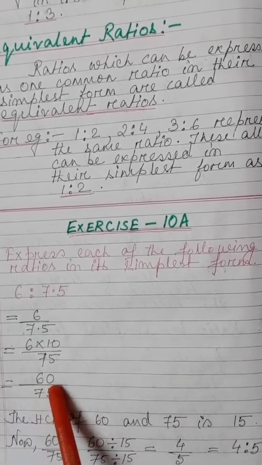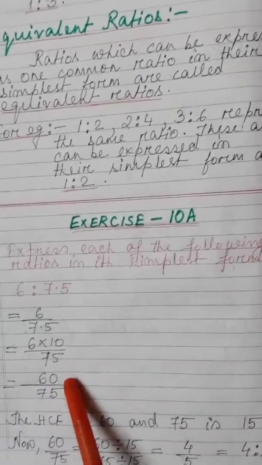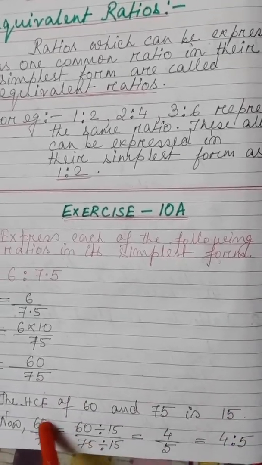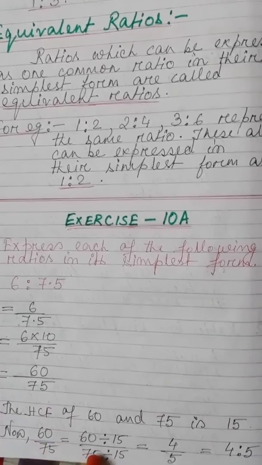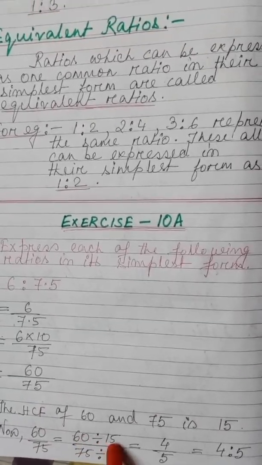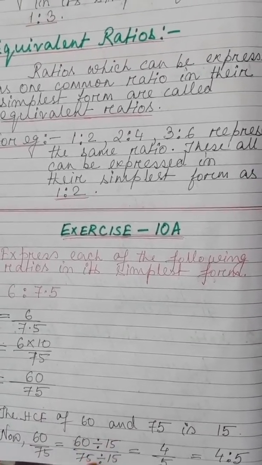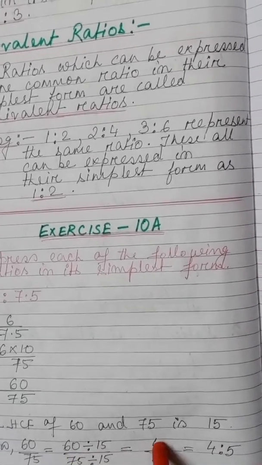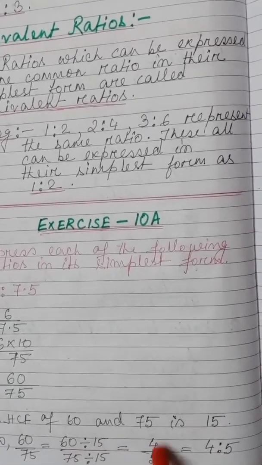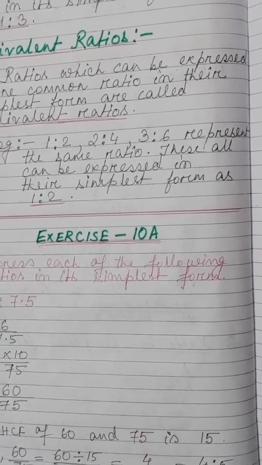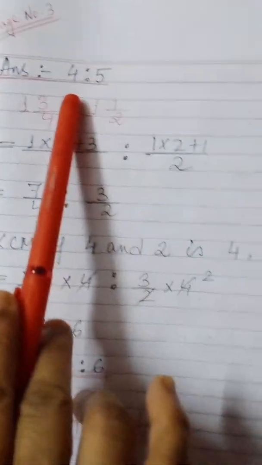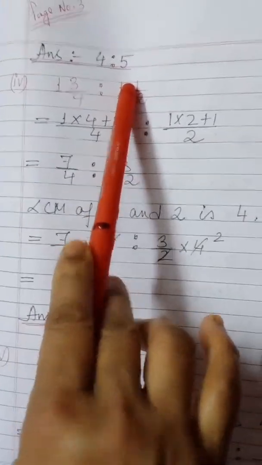Now divide both the numerator and denominator by that HCF. 60/75 equals 60 divided by 15 over 75 divided by 15, which is 4/5. We can write this fraction as the ratio 4:5. Therefore, the answer is 4:5.